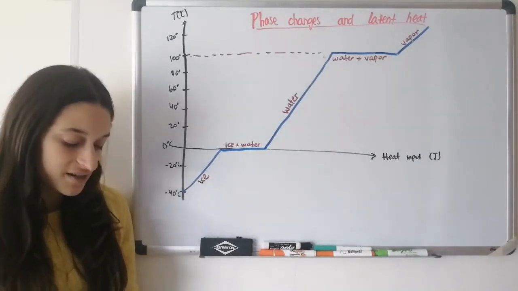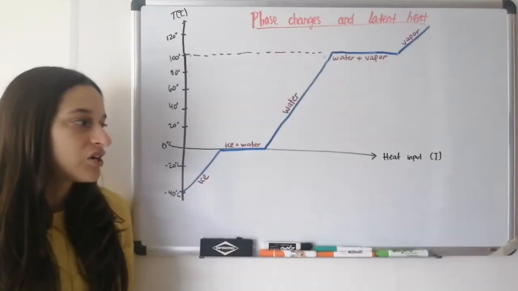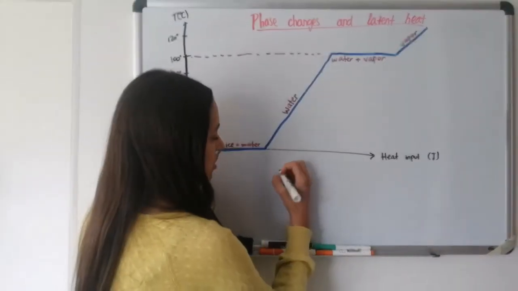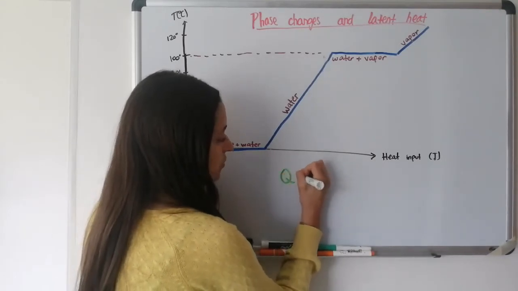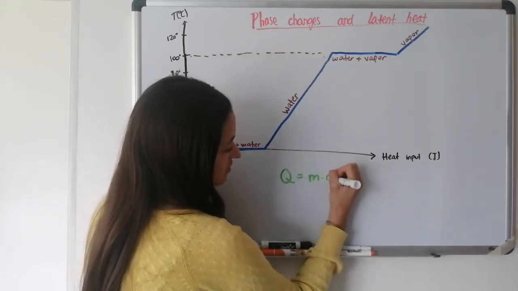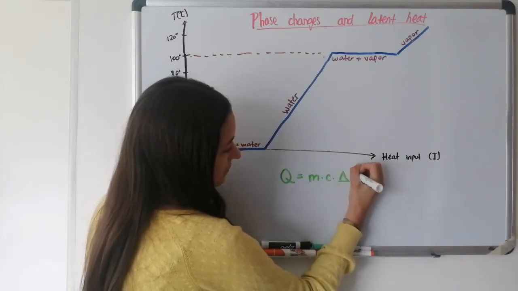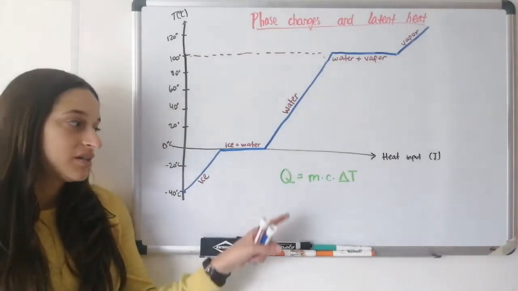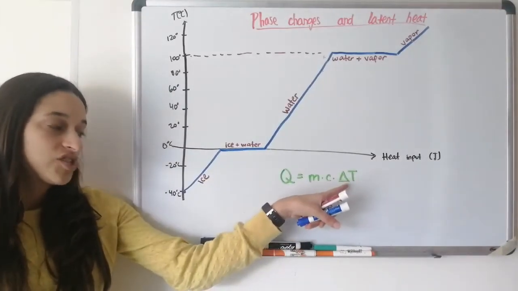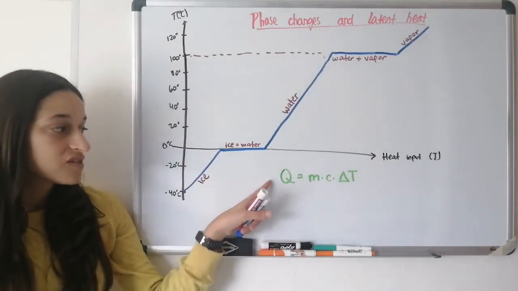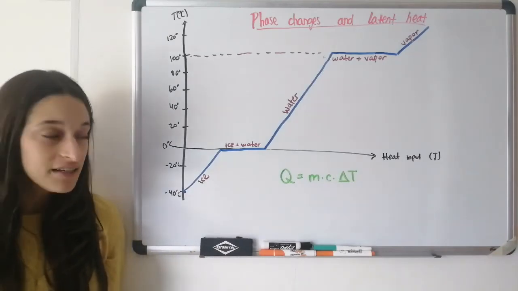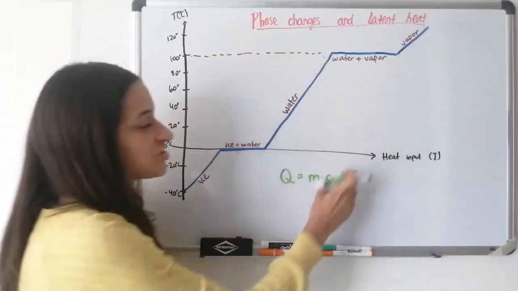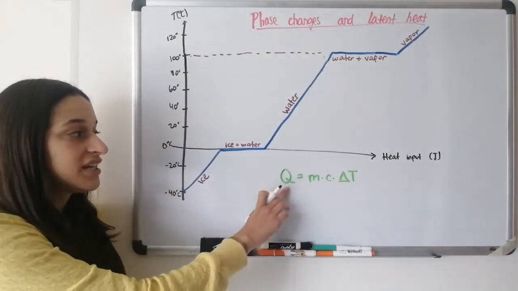So what we learned last class about thermoequilibrium required some heat that we called Q. So I'm going to remind you guys the equation here. The equation was Q equals M times C times delta T. And what happened was that when you put heat into it, the temperature changed. So what this tells us is that this equation is only valid when we are in one of these 3 periods in which temperature is changing when you put heat into it.